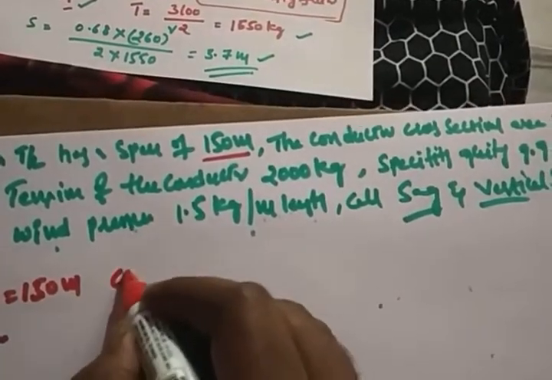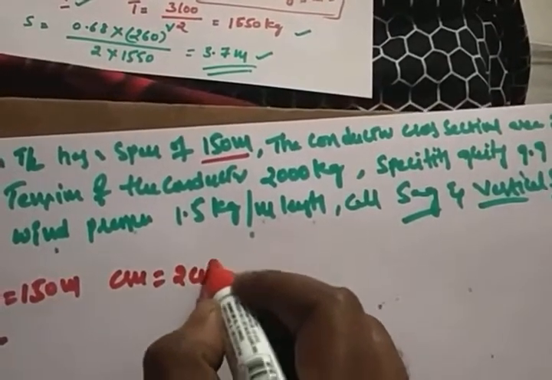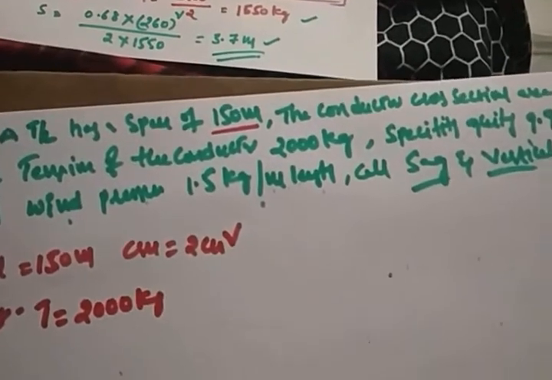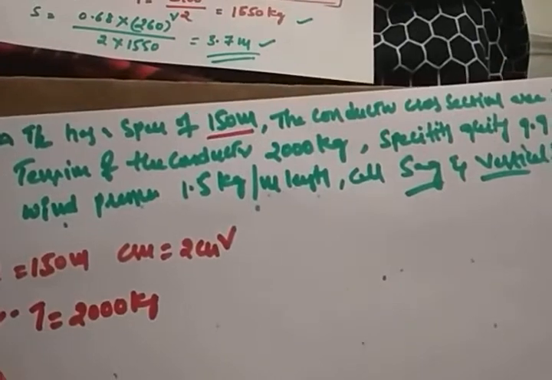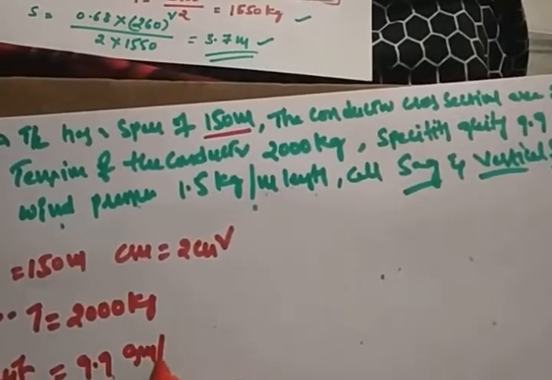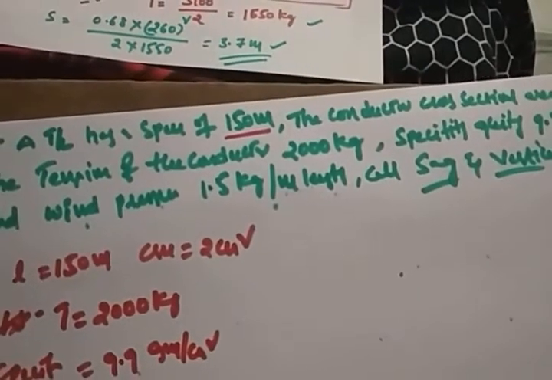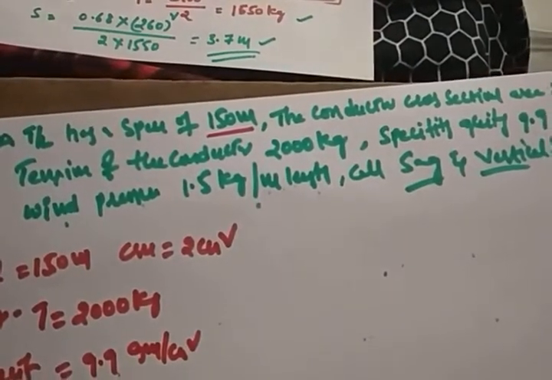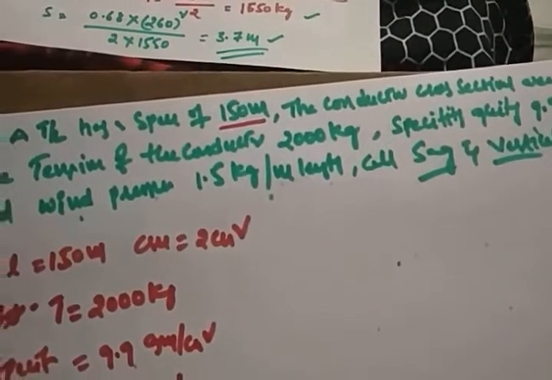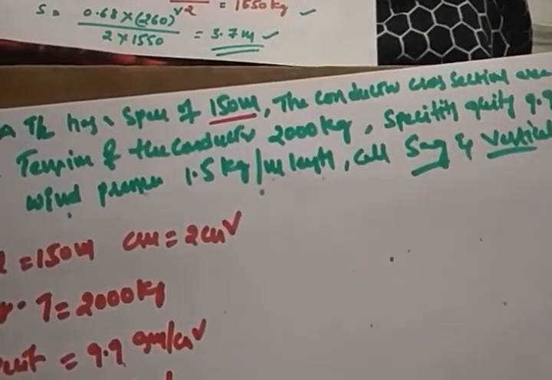Now the tension is given, 2000 kg. Specific gravity is given as 9.9 gram per centimeter cube. So wind pressure is given, WW is 1.5 kg per meter length. Calculate the sag and vertical sag.